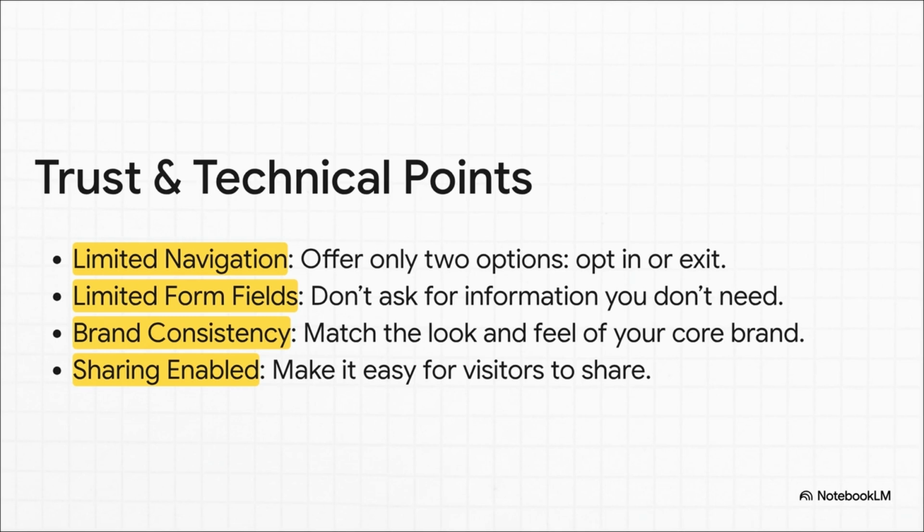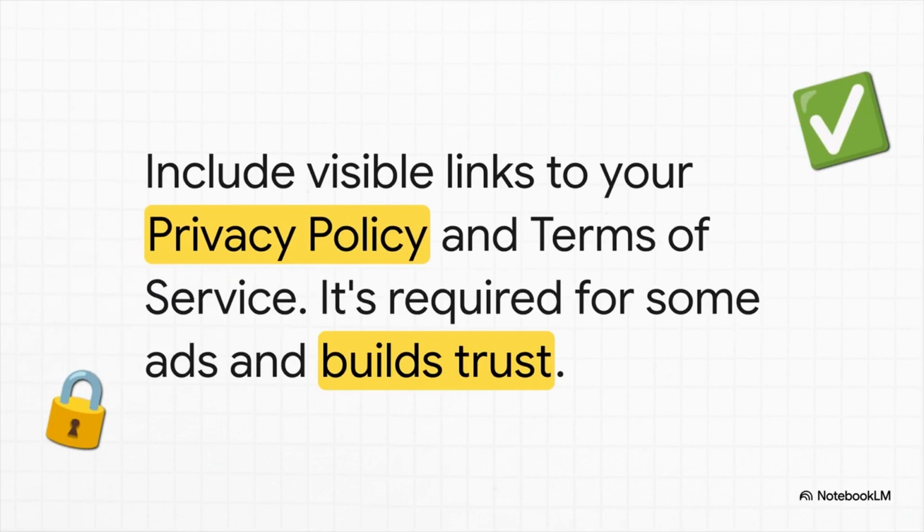Keep the branding consistent with your main site to build trust, and hey, make it easy for people to share. This one is absolutely non-negotiable. Not only is it often required if you're running ads on platforms like Google, but just having these links visible tells savvy visitors that you're a legitimate, professional operation. It's such a small detail, but it has a huge impact on trust.